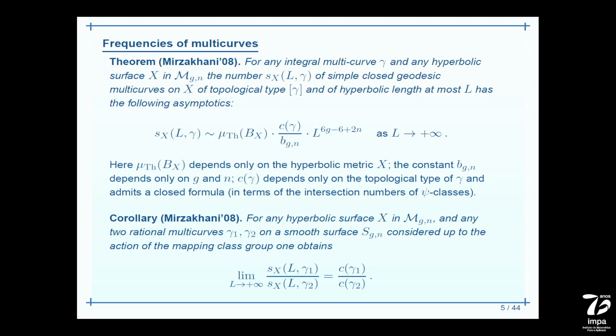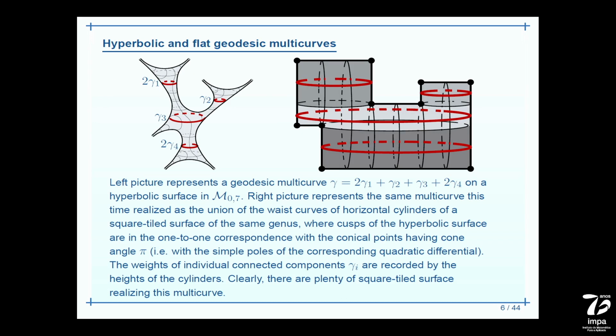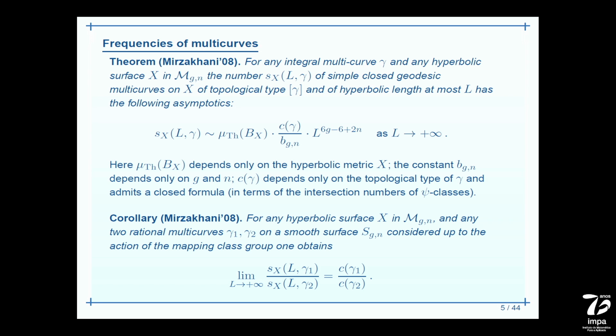I'm not speaking about the entire spectrum. I count them, and I consider only the asymptotic number, and asymptotically, everything depends on the topology of this multi-curve. Yes? Yes, of course. Numerator and denominator do depend. But when you take the ratio, asymptotically, the proportions depend only on the topology of multi-curves.